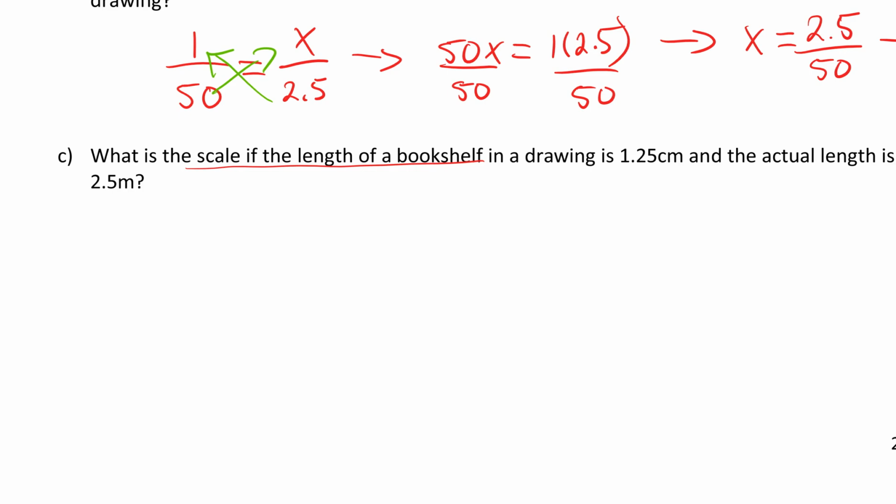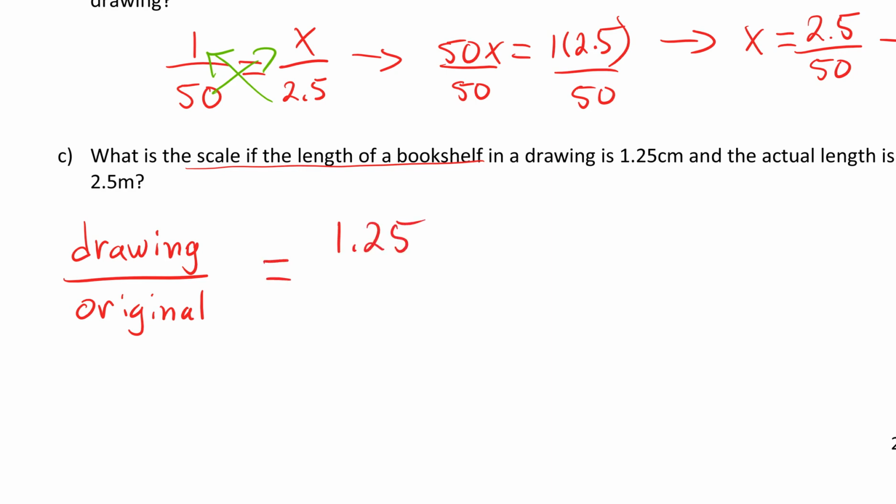The way we determine this is we have our drawing over our original. So we have the size of our drawing over our original, which equals 1.25 centimeters over our original, which is 2.5 meters.